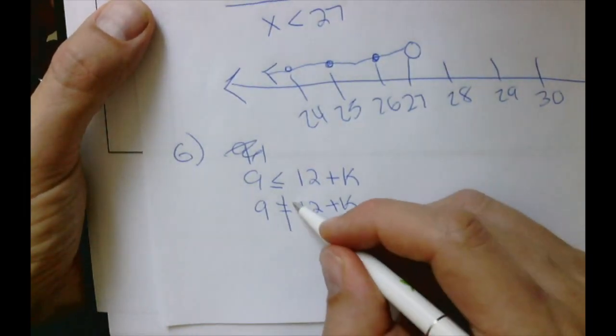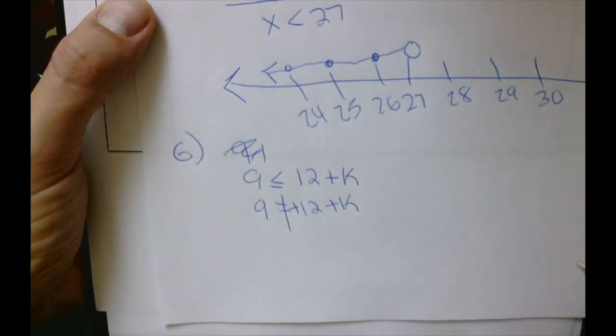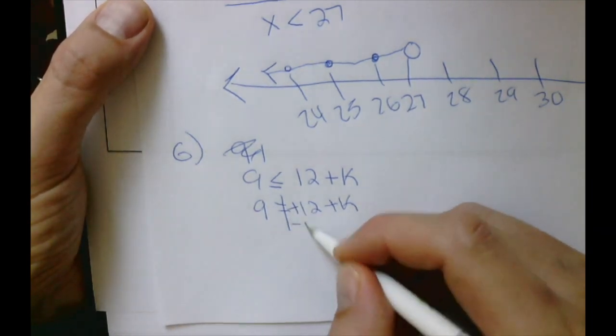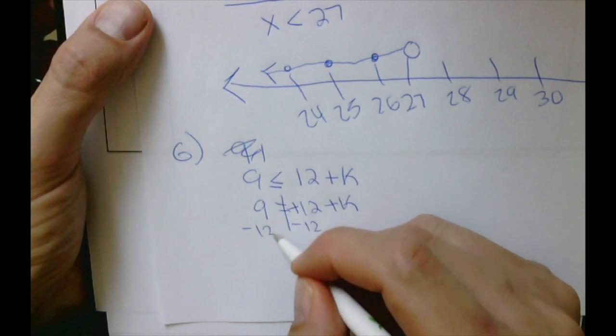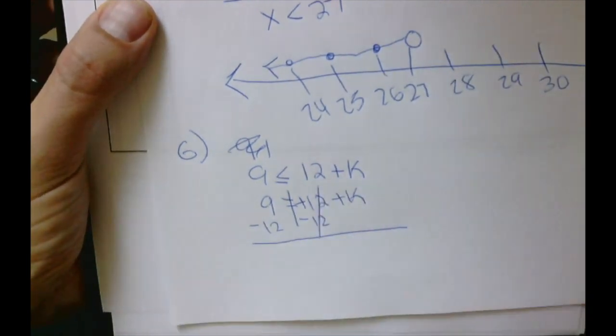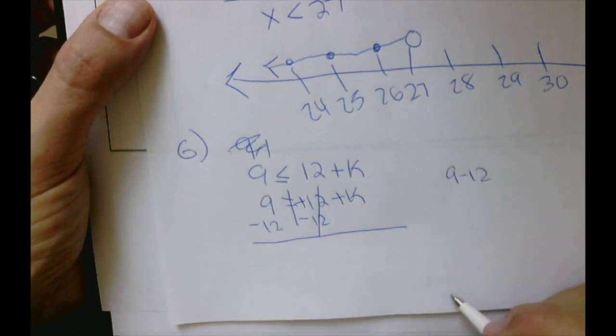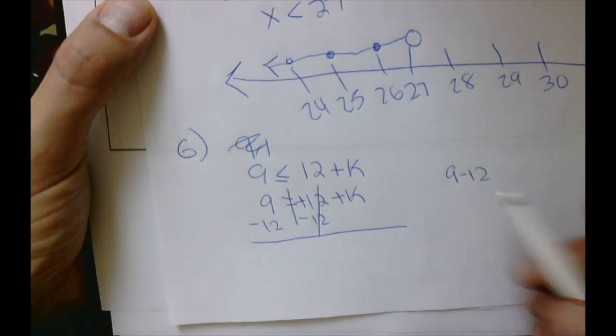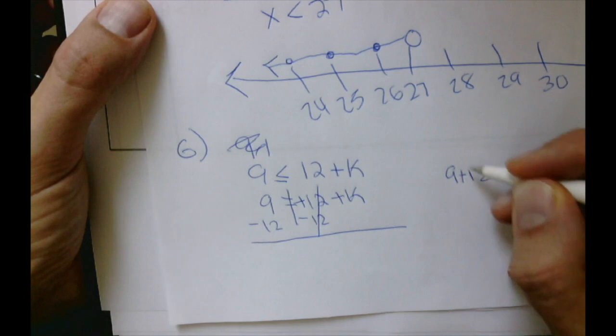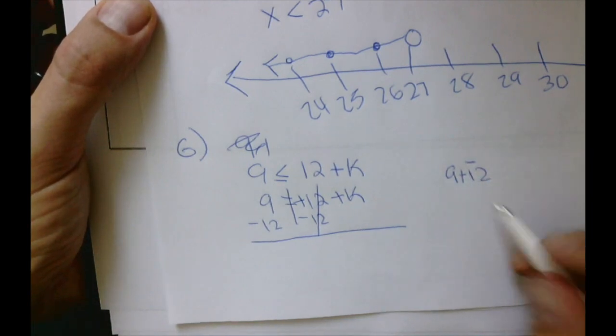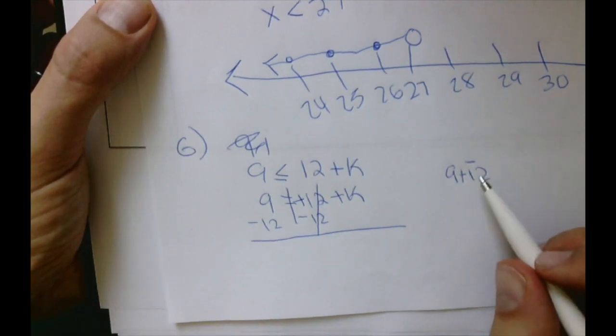After that, I recognize that there's a plus in front of this 12, so I'll minus 12 from both sides. 12's cancel out. Now I have 9 minus 12. Since I have a subtraction sign, I'll do keep, change, change. I'll add the opposite to get 9 plus a negative 12.